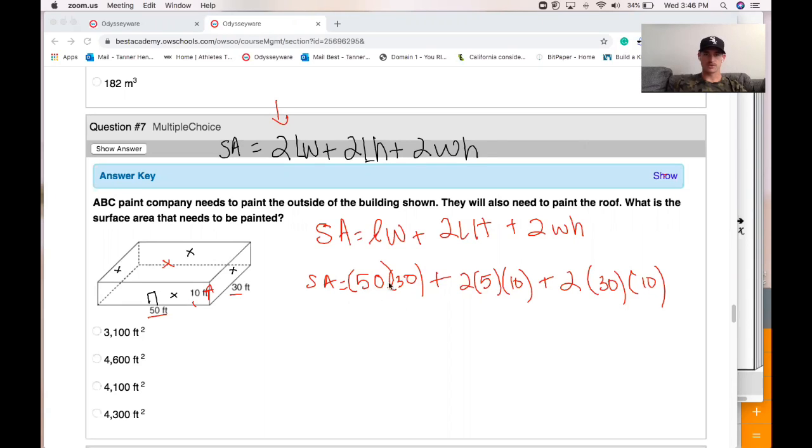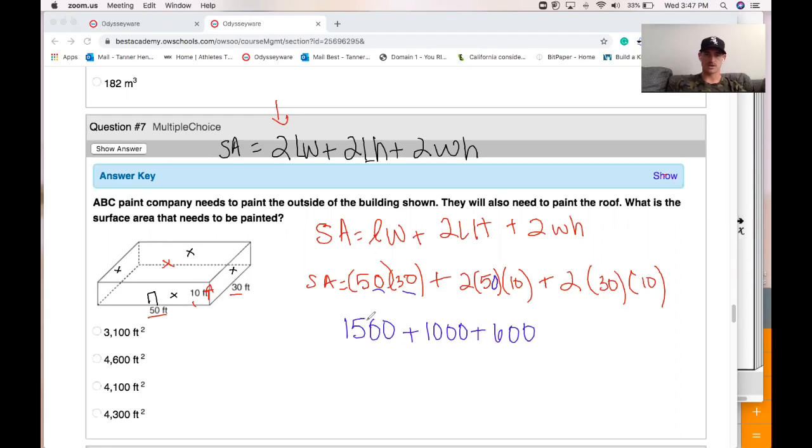So we got 50 times 30, 5 times 3 is 15, and just add the zeros, we got 2 zeros. Plus, this should be 50, I don't know why it says 5, my bad. 50 times 10 is 500, times 2 is 1,000, plus 30 times 3, 30 times 10 is 300, times 2 is 600.